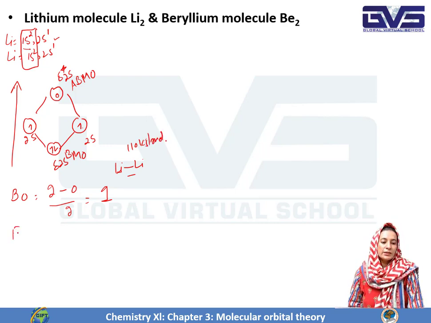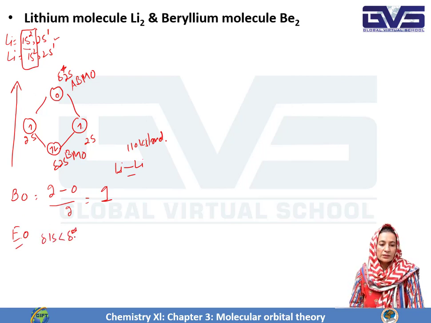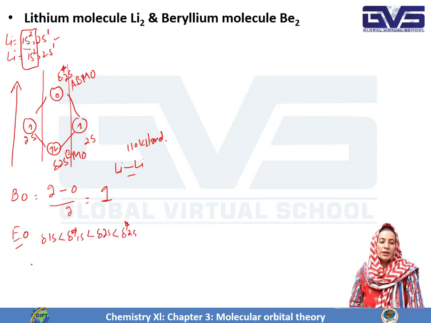Its energy order will be, as previously, sigma 1s less than sigma star 1s, and right in between them, starting from lower, less than sigma 2s less than sigma star 2s. So this is the molecular orbital energy level diagram.